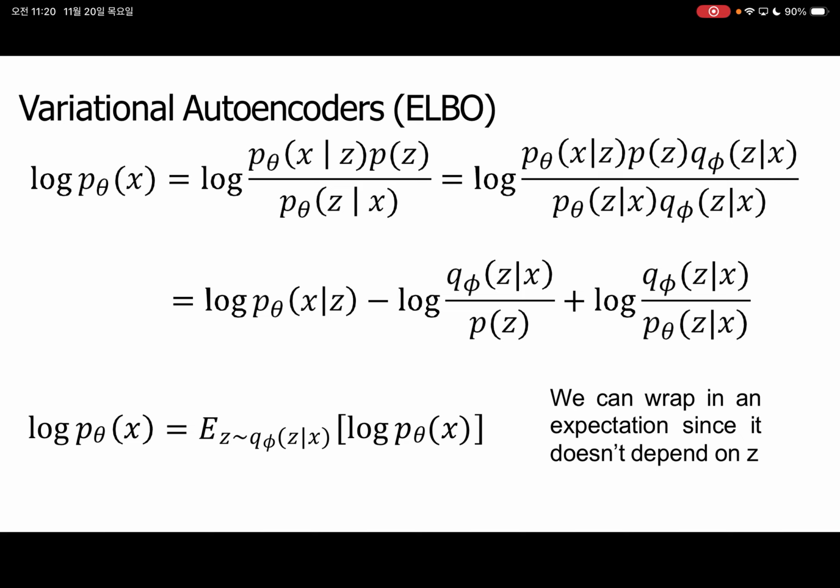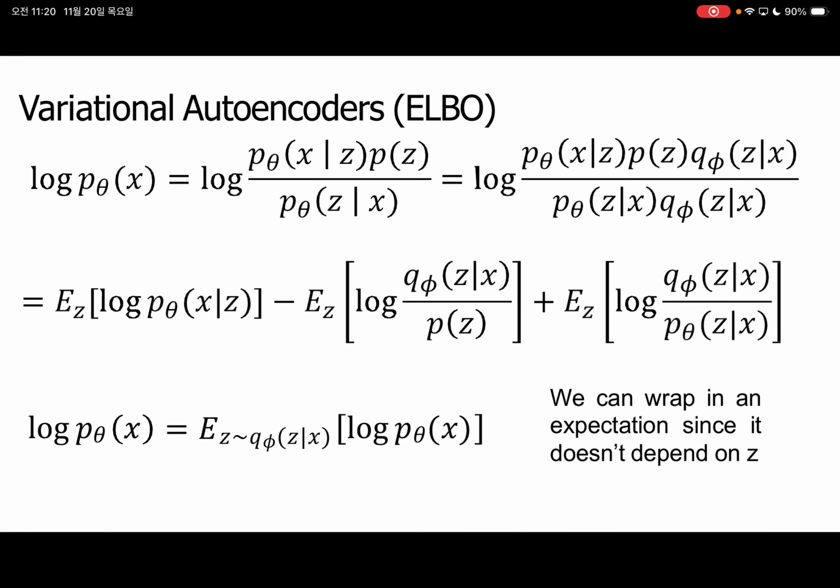So we can just take expectation over Z, and then we can separate the expectation for each term, right? So this is just some simple math from Bayesian rule, and then we can wrap in expectation since it doesn't depend on Z. This one doesn't depend on Z.